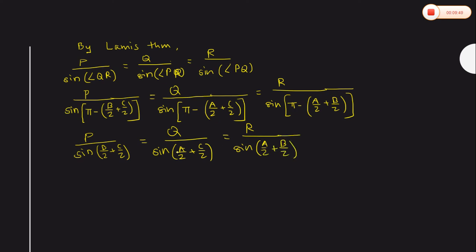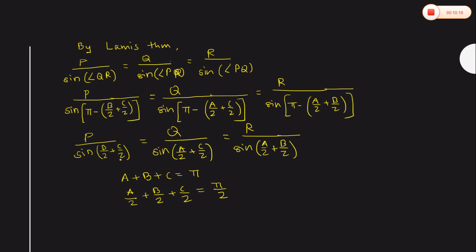Now we have to simplify these ratios in the denominator. We know that ABC is a triangle, therefore A plus B plus C is equal to 180 degrees, that is pi. Dividing both sides by 2, we get A by 2 plus B by 2 plus C by 2 is equal to pi by 2.